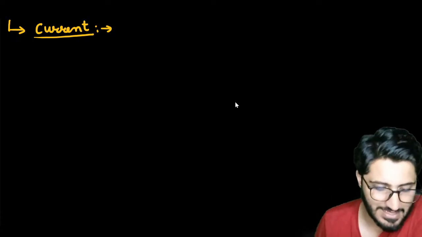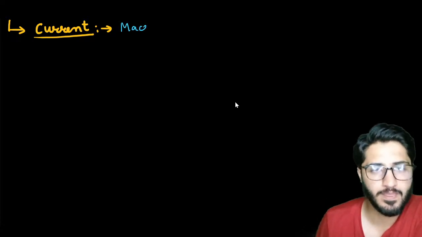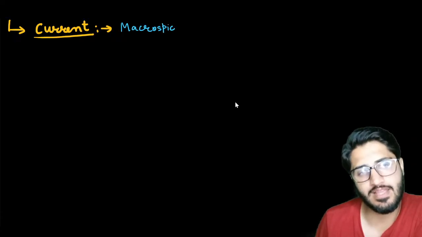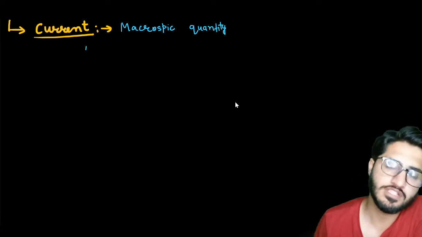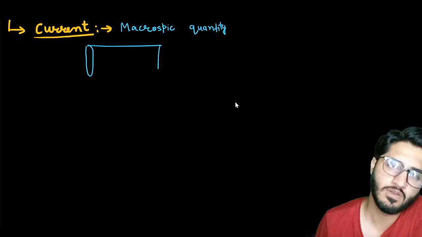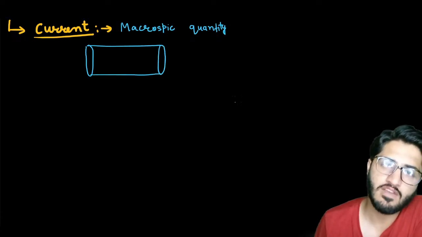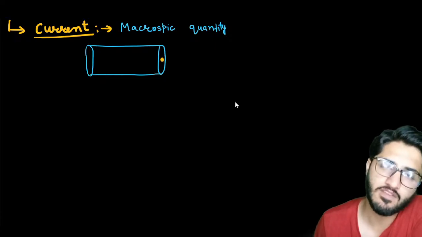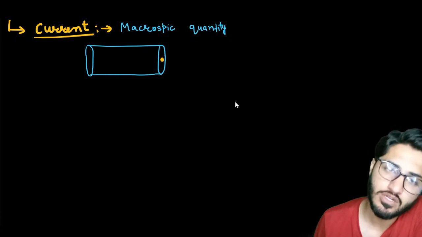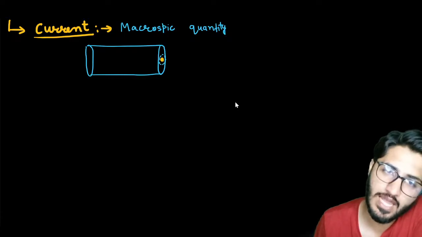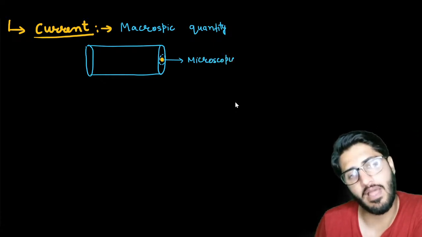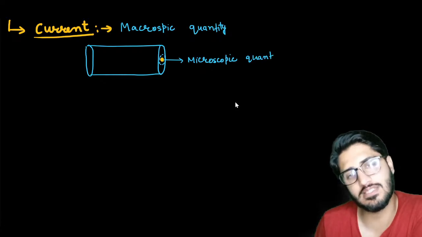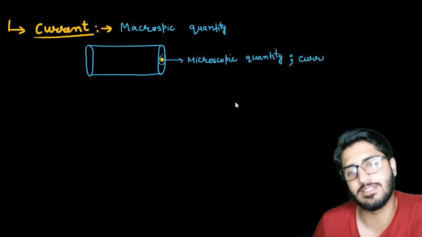Current is a macroscopic quantity. So this is my conductor. If I need to study this particular point, I need a microscopic quantity to discuss this point. That microscopic quantity is known as current density.